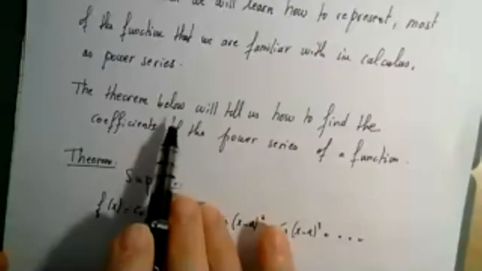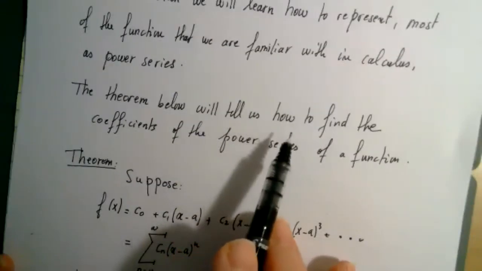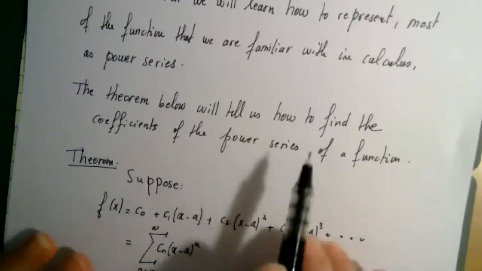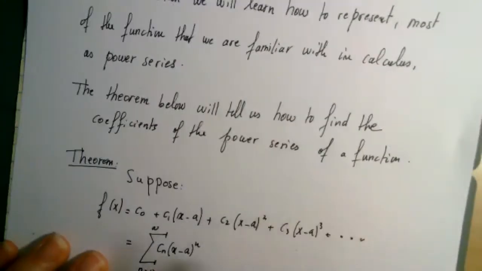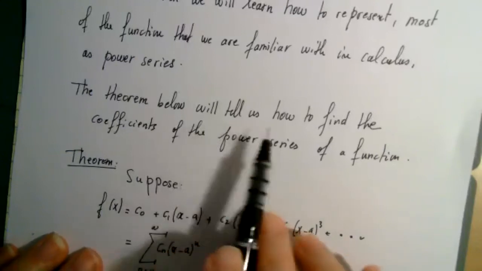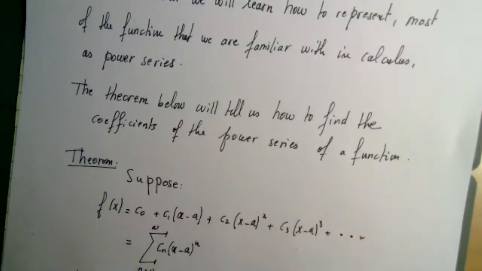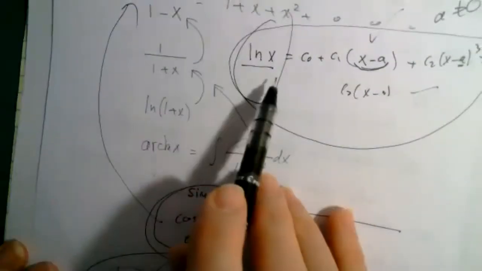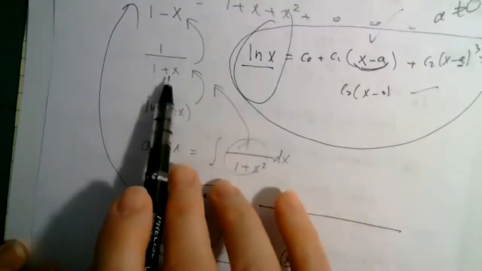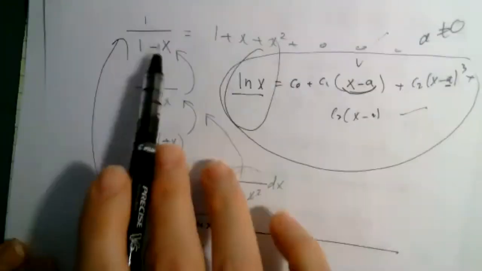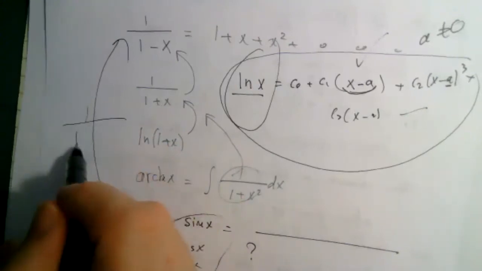Now, the theorem below is going to find a relationship between the coefficients of the power series, the C0, and the function itself. So the theorem below will tell us how to find the coefficients of the power series of the function. So far, the only way we found the coefficients is by tricks. 1 over 1 plus x, I substituted minus x for x. 1 over 1 plus x squared, I substituted x squared for x.